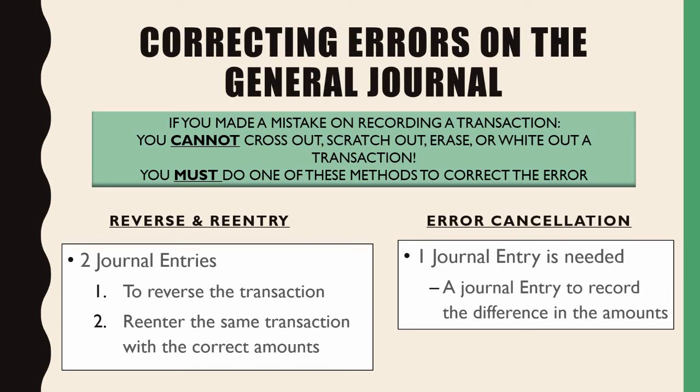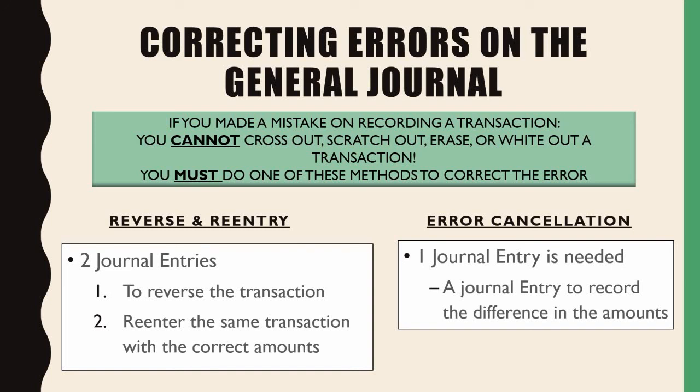So it's good to understand how to correct those entries. We have two ways of correcting them: the reverse and re-entry, and the error cancellation. Reverse and re-entry is pretty straightforward. It requires 2 journal entries, and the first one is you're going to reverse the transaction.